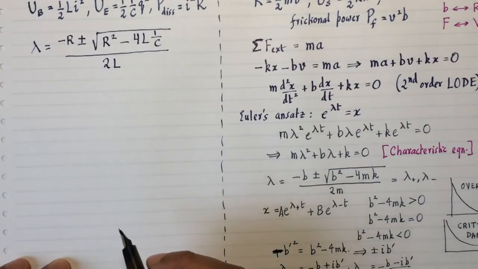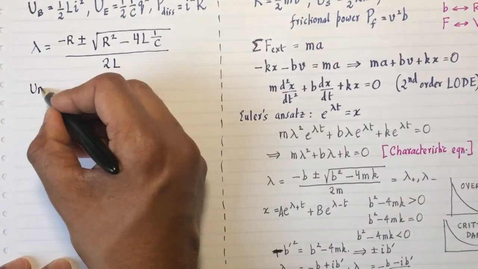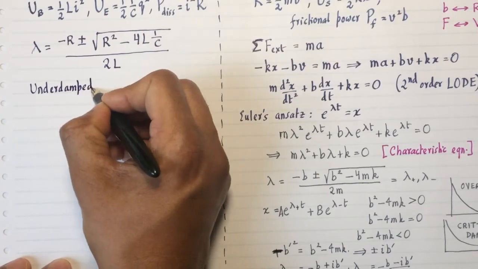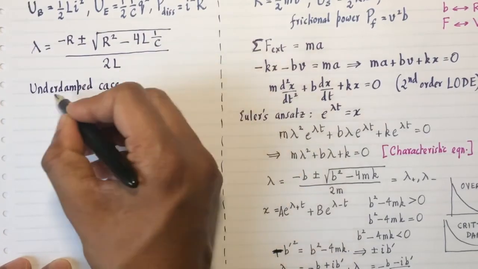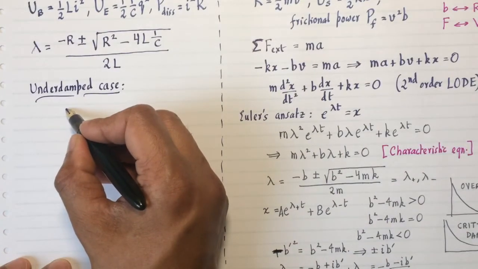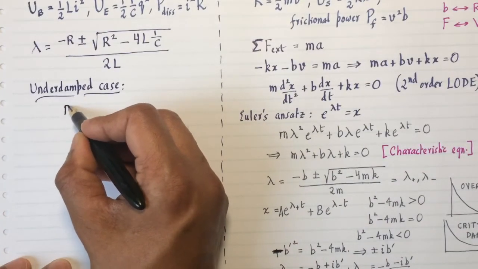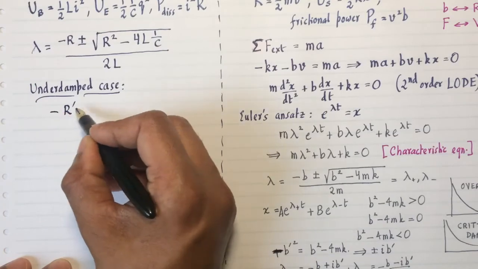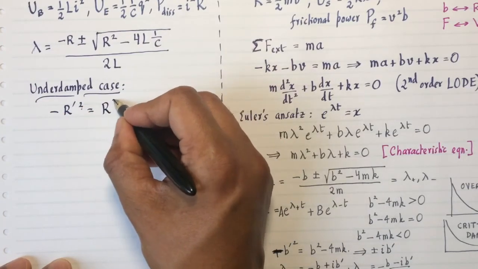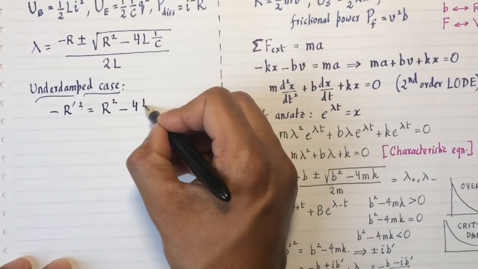And the most interesting case is what I'm going to be looking at, and that's the underdamped case. So let me just focus on that. What I'm going to do here is write down my definition of b prime. Now, because b is r, I'll call it r prime. The reduced resistance is the square root of r squared minus 4L over C.